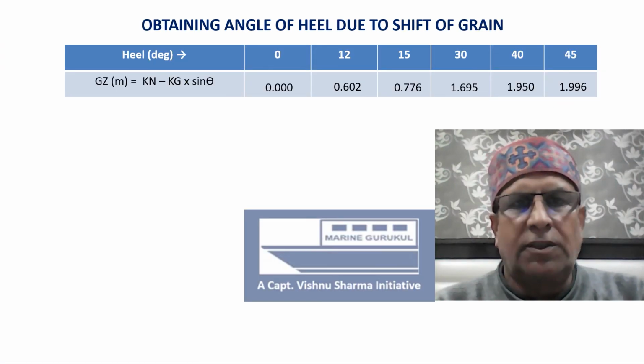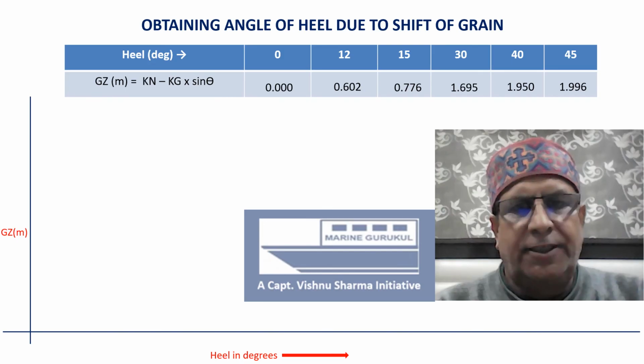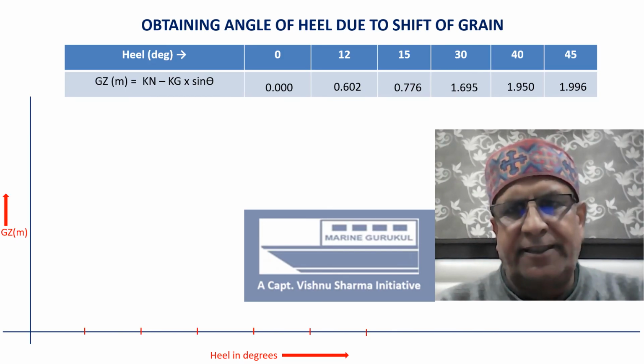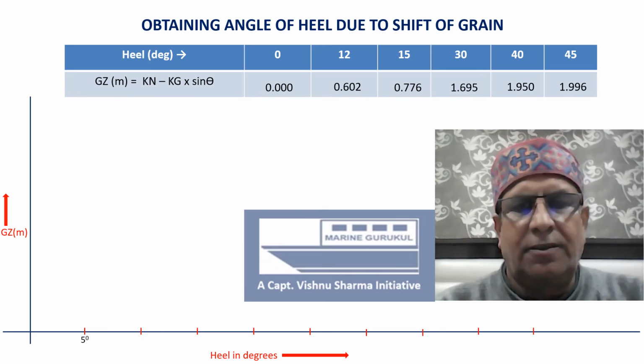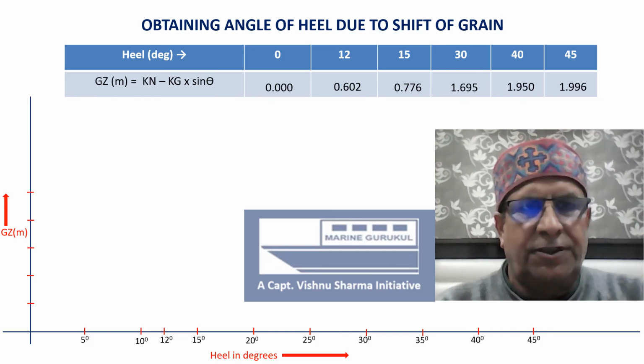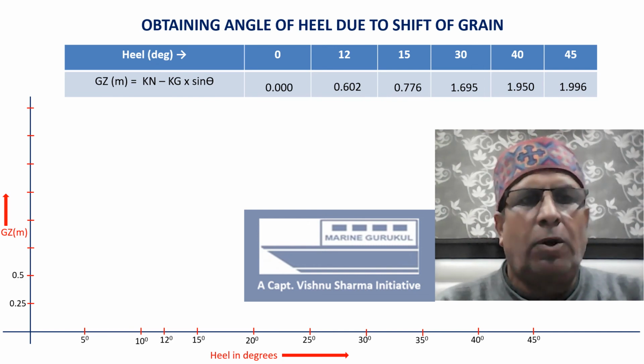We shall now draw the GZ curve and get the angle of heel due to shift of grain. We again use as big a scale as possible on the heel and GZ axis. We calibrate the x-axis and the y-axis depending on the range of GZ that is required and the angle of heel that we need to plot.